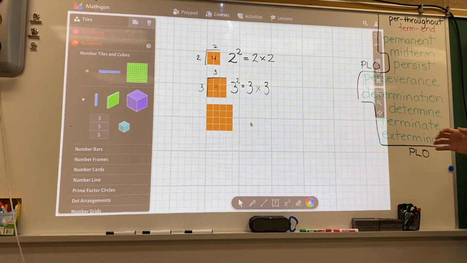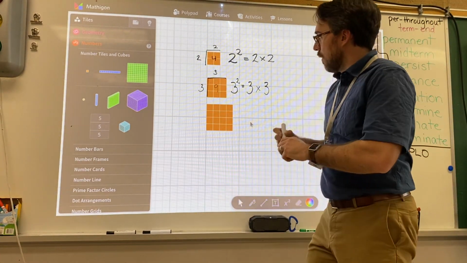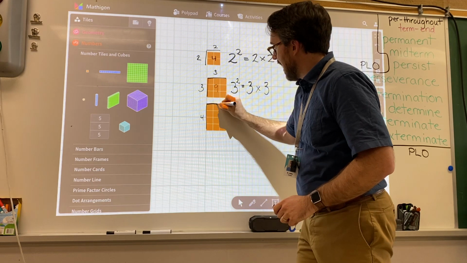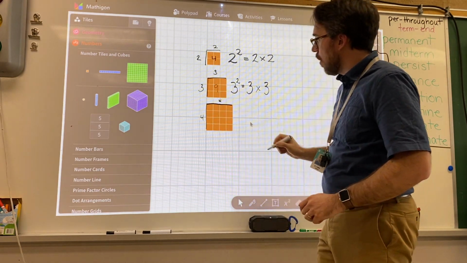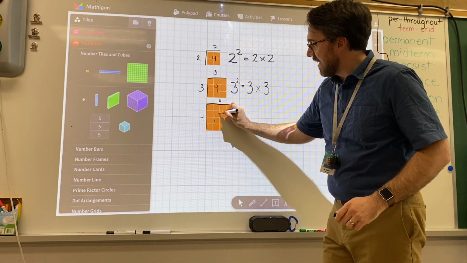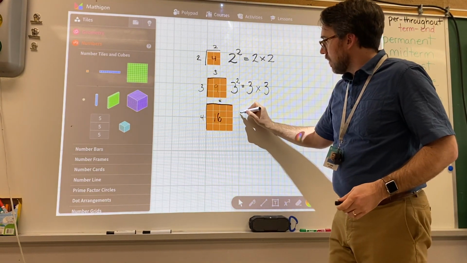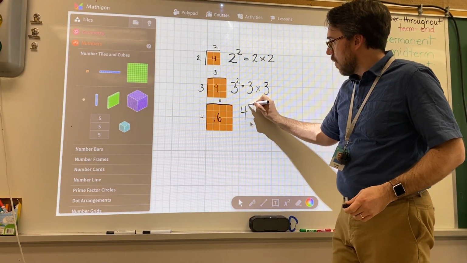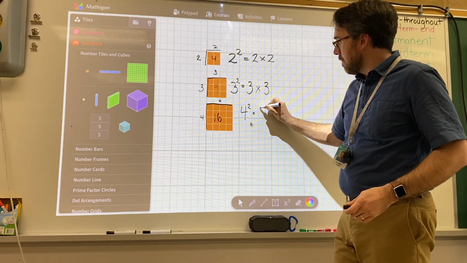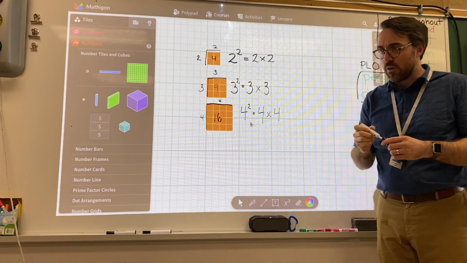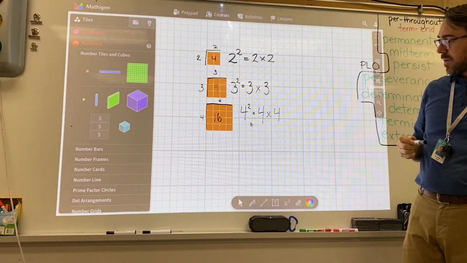So 4 length, 4 width. In total, I know it's 16. I can count them up to find that for sure. I write that as 4 squared, which simply means 4 by 4. 4 groups of 4. Awesome.